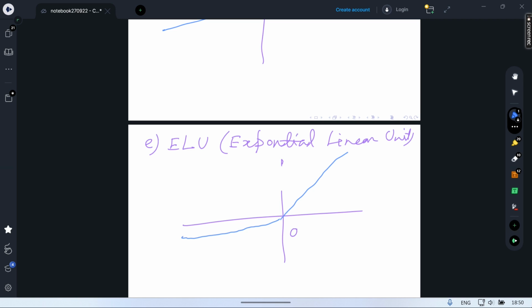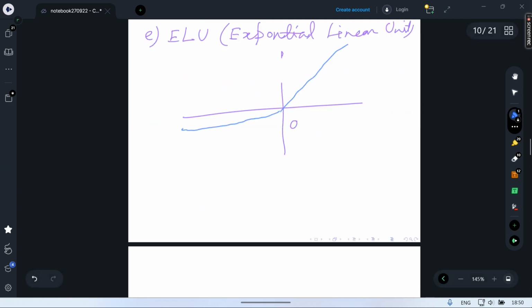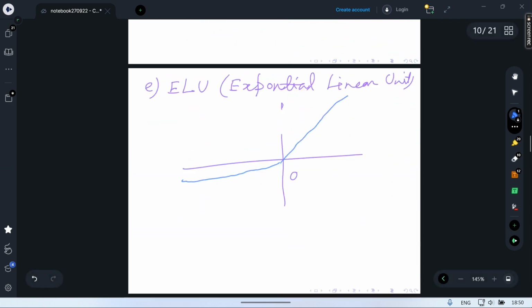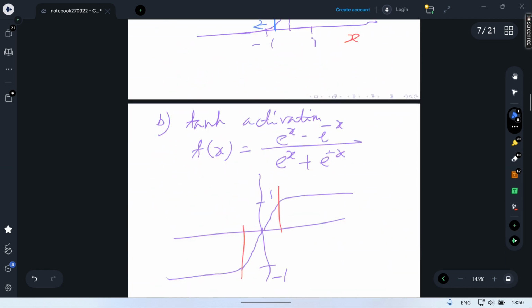Activation functions like sigmoid or tanh are severely prone to the vanishing gradient problem, whereas the problem is much less severe in the case of ReLU or leaky ReLU. So these are the different activation functions.